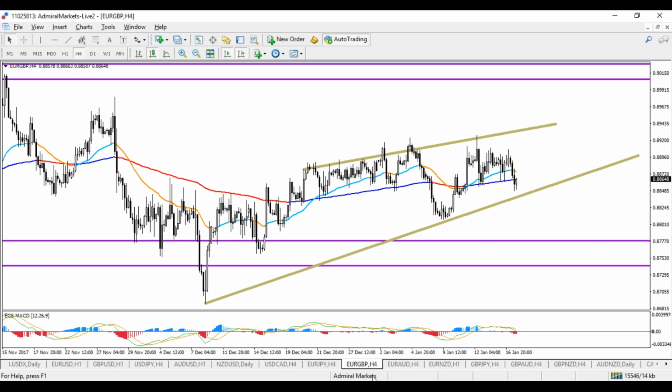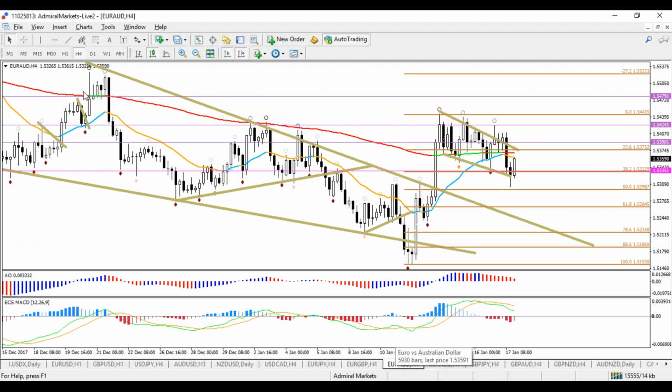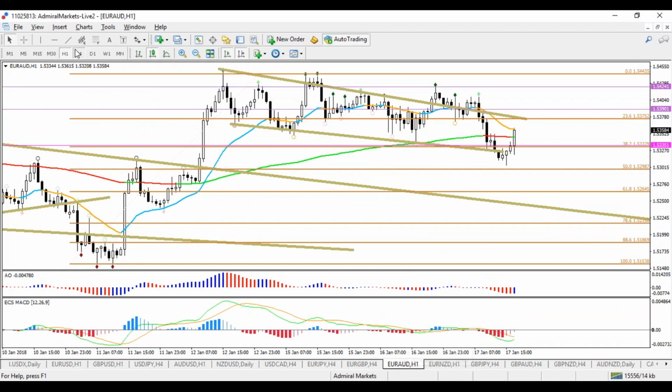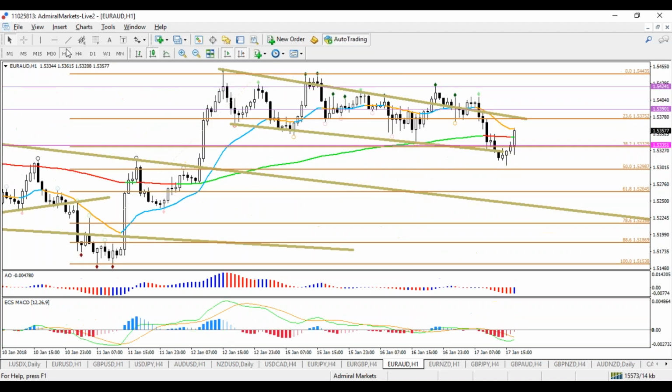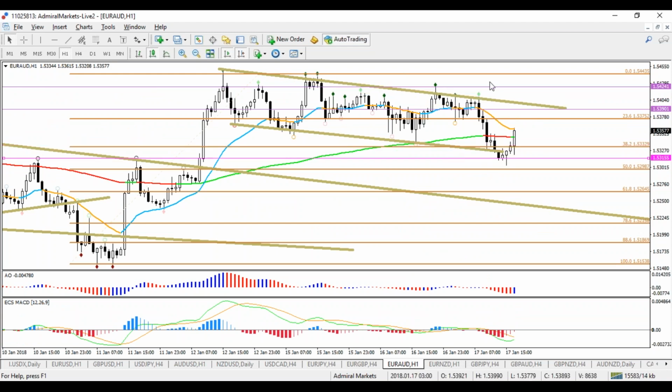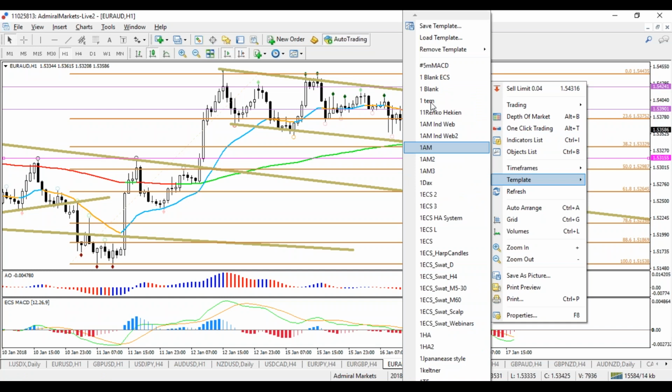All right, euro pound is really in the middle of nowhere for the moment, so it doesn't look too interesting. Euro odd is a little bit tricky. Let me renew this template a little bit.